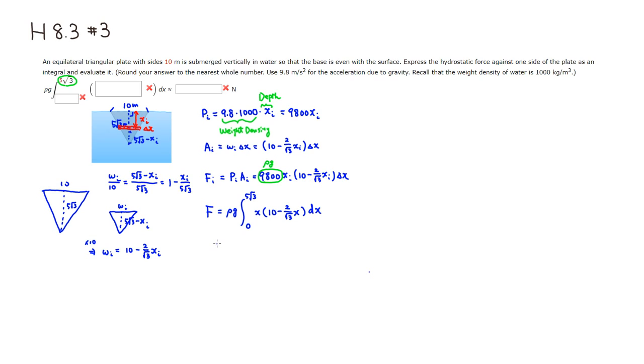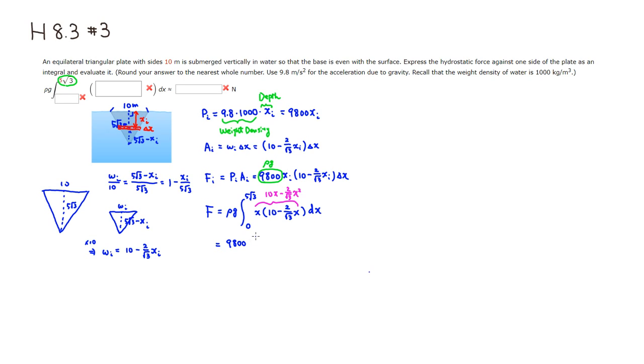This is going to be equal to 9800, and I'm going to go ahead and multiply out. So you're going to get 10x minus 2 over square root of 3 x squared.